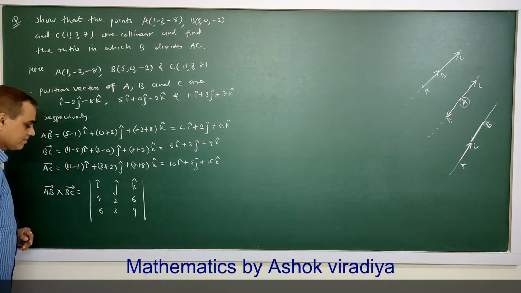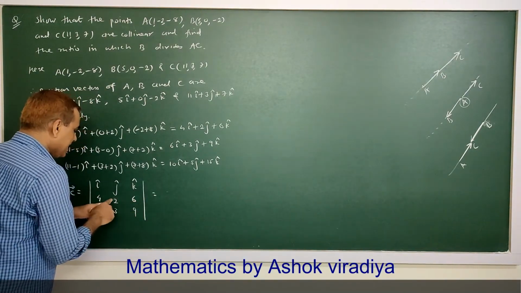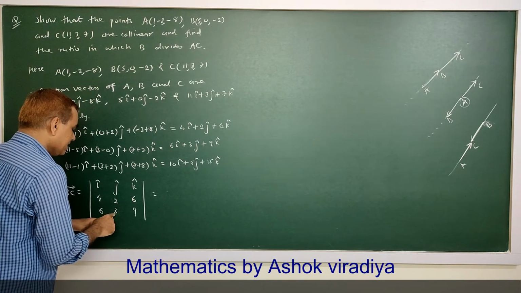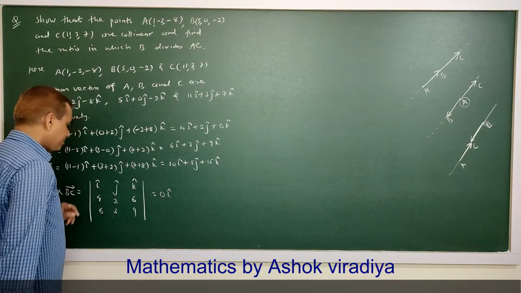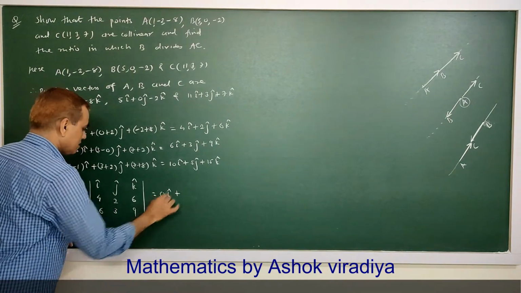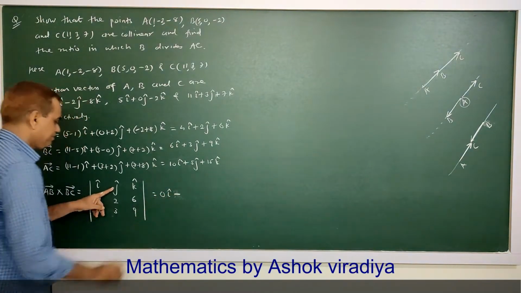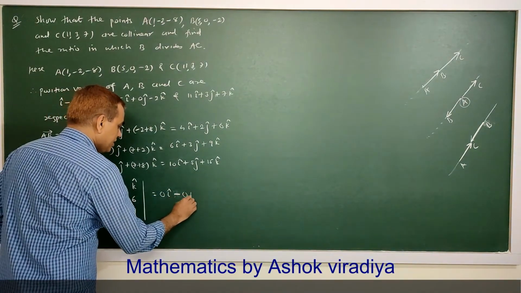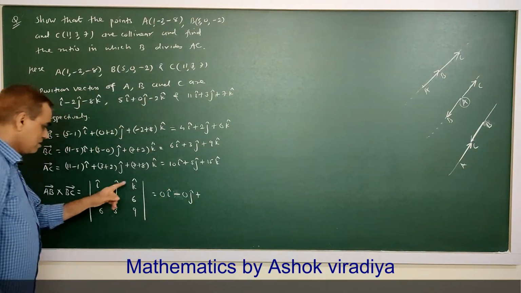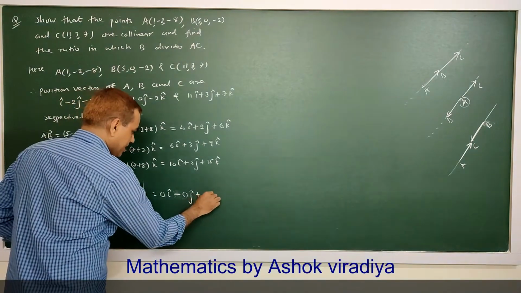That is equal to 18 minus 18, 0 times i cap, minus j times 36 minus 36, that is 0 times j cap, plus k times 12 minus 12, that is 0 times k.